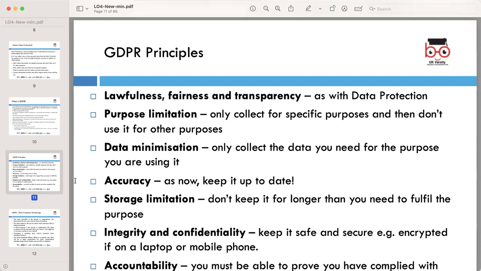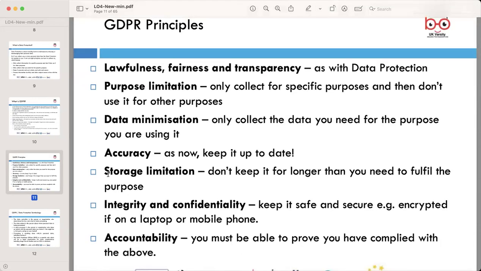Accuracy, then storage limitation, integrity, confidentiality, then accountability. Organizations must be able to demonstrate compliance with the aforementioned principles.